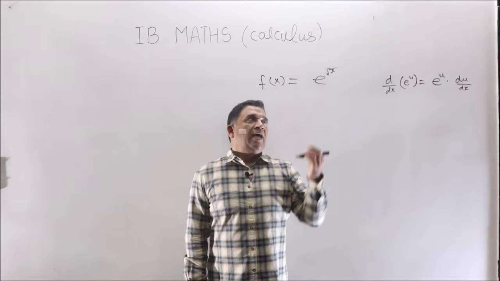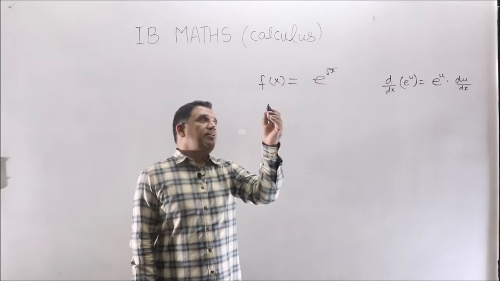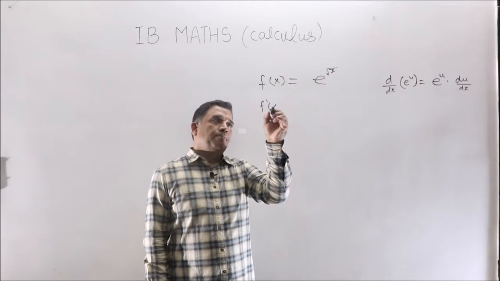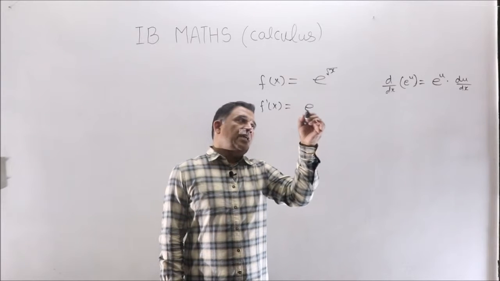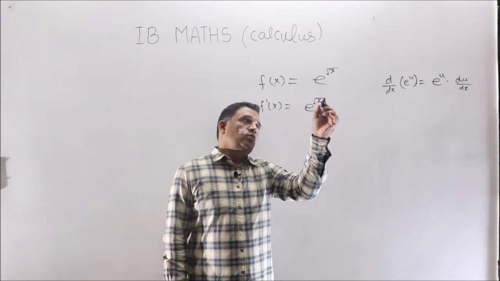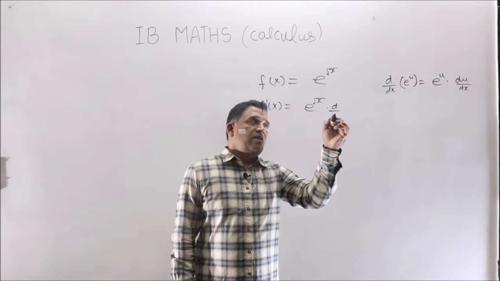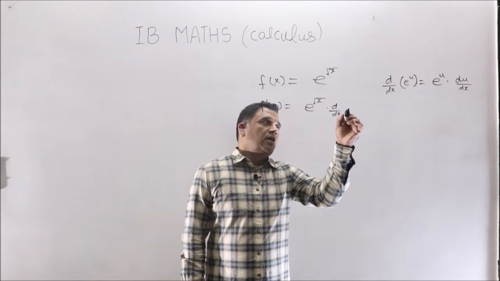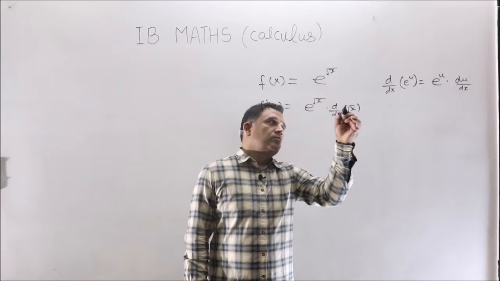Exactly the same way we can solve it. f dash x will be e raised to power square root x times the derivative of square root of x.